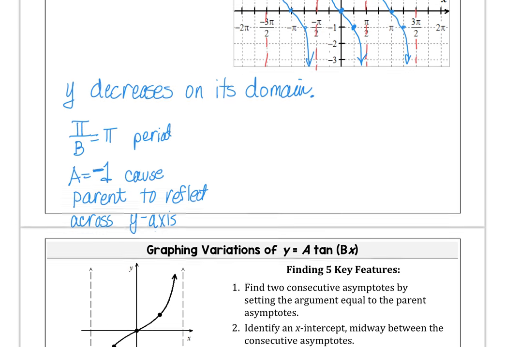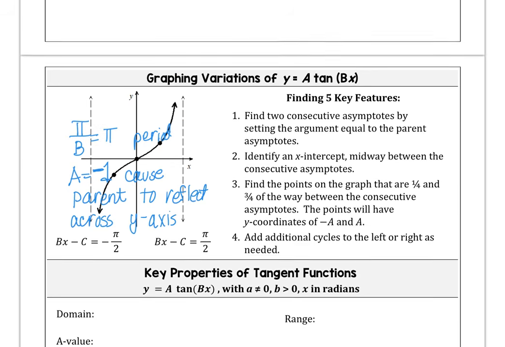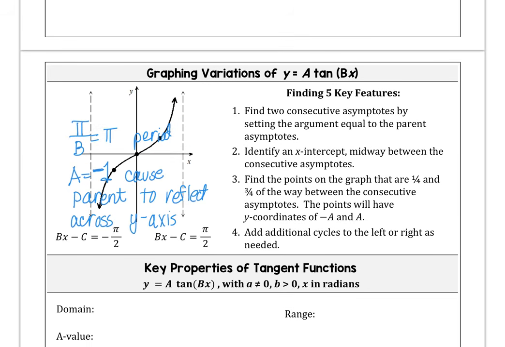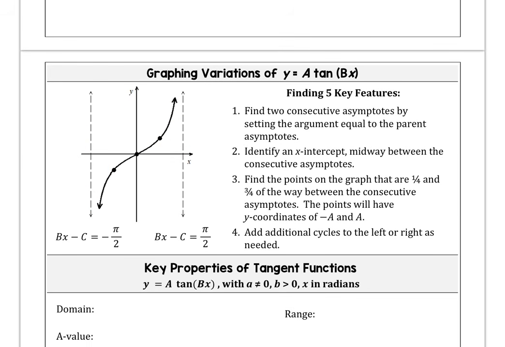Let's graph some variations of the tangent of bx here. Find 2 consecutive asymptotes by setting the argument equal to the parent asymptotes.